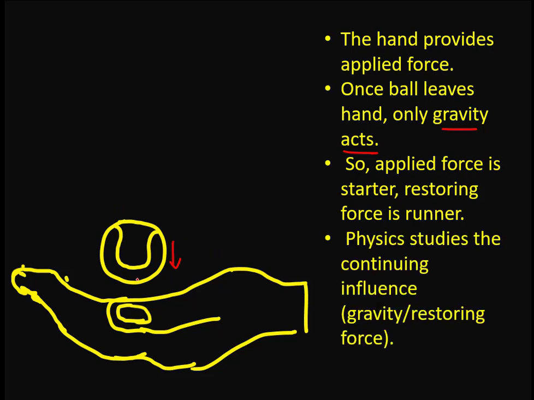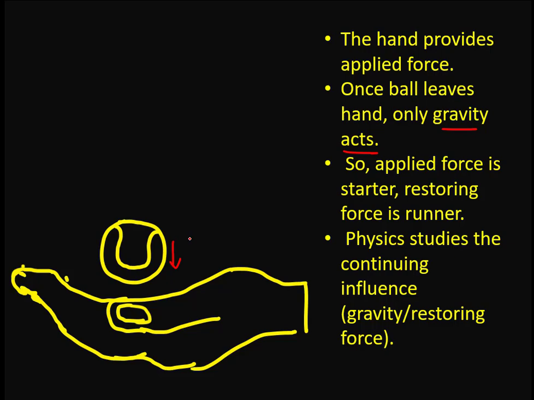But physics studies the continuing force, the restoring force, or the gravitational force in this particular case. Because the motion of this ball in the air, up and down, depends only on the gravitational force, or the restoring force in this particular case. And that is why the focus of our study will always be the restoring force. I hope this has helped you understand why we focus on restoring force.